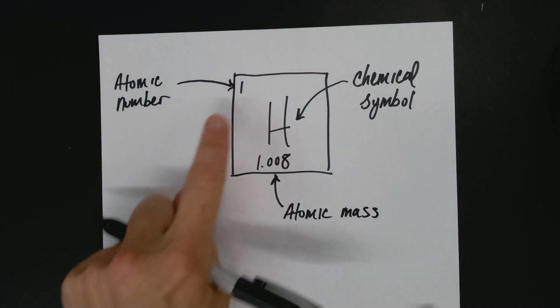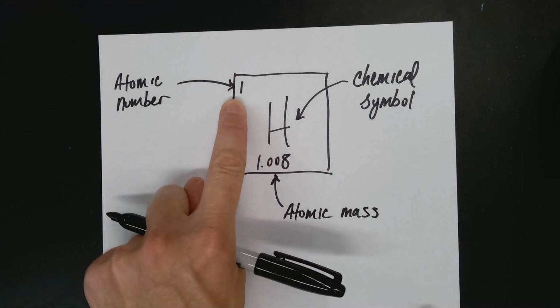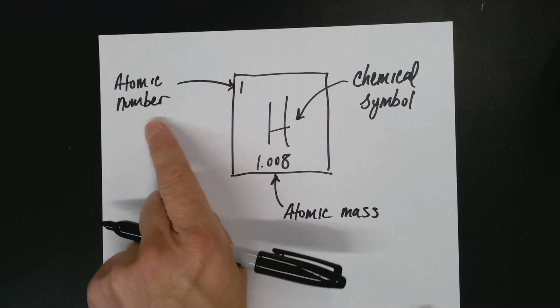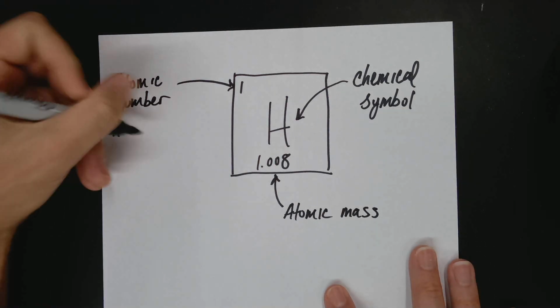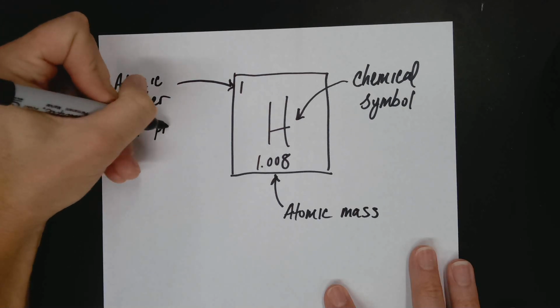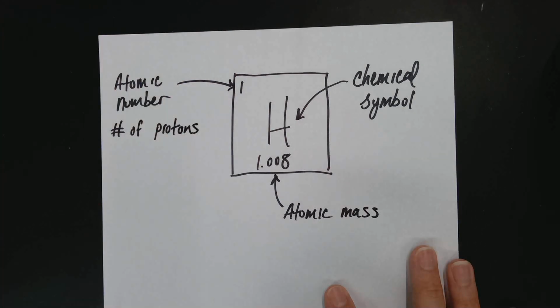Now, the number assigned to each element isn't random. The atomic number represents the number of protons in an atom of that element.